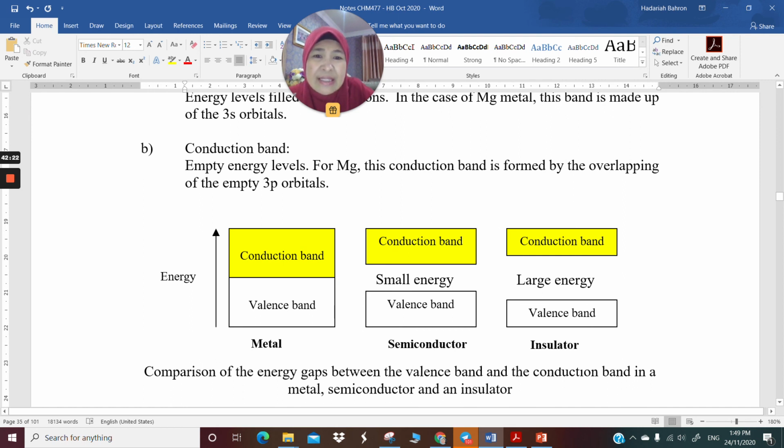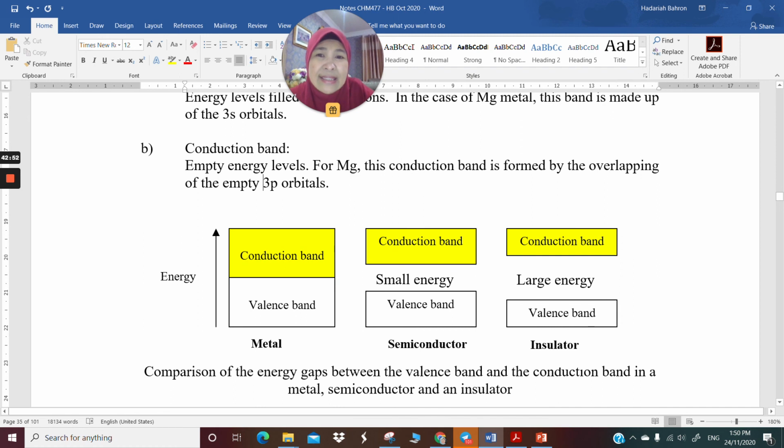That is why the electrons in the valence band of insulating materials cannot go very easily onto the conduction band. So they cannot let electrons move, and insulators are non-conducting; they cannot conduct electricity.